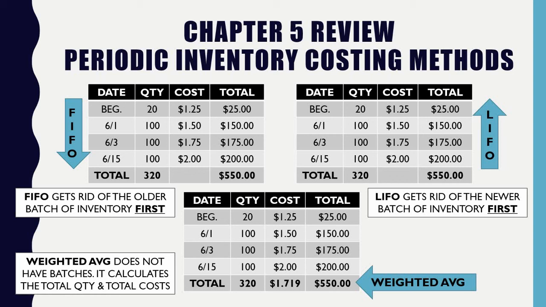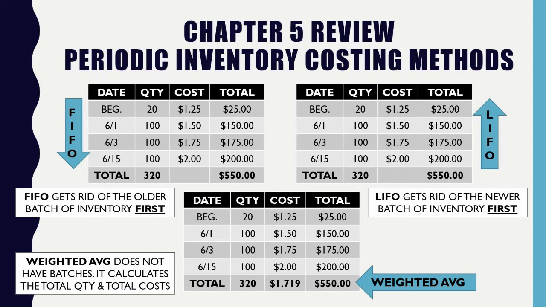If we're doing first in, first out, we note that the batches that we purchase first, usually in a list at the top, we're going to be making our way down to the bottom. So we're going to go from top to bottom, our purchases that we purchased first all the way down to the purchases that we made last.